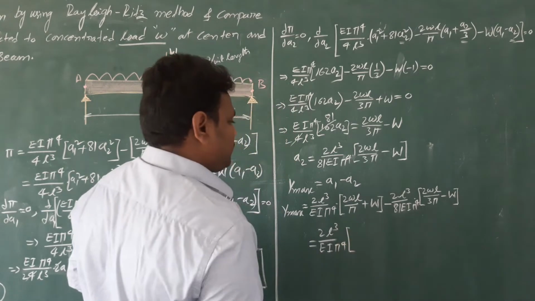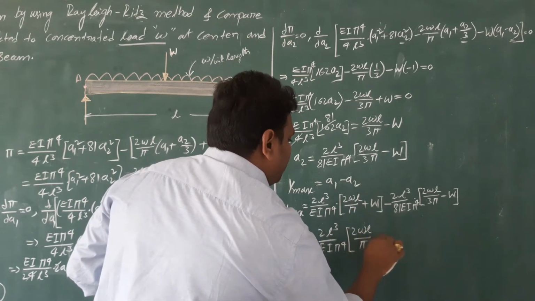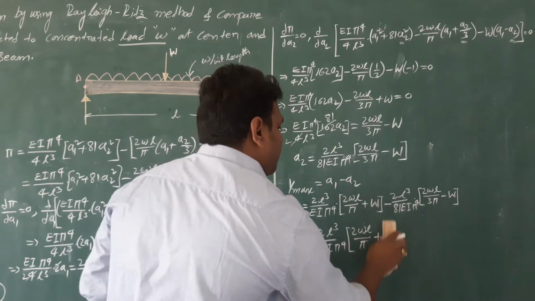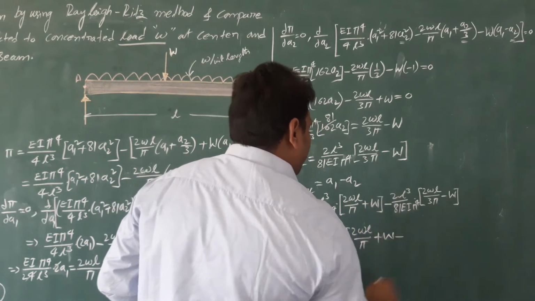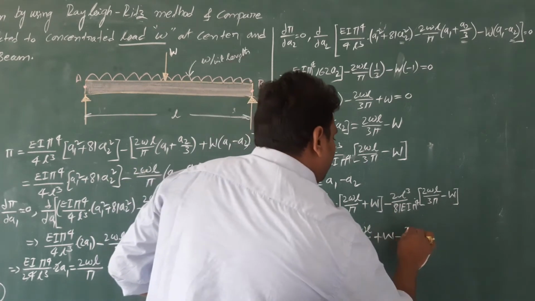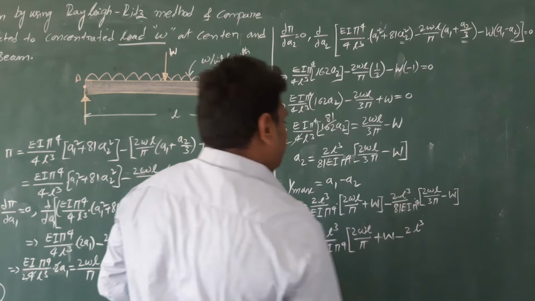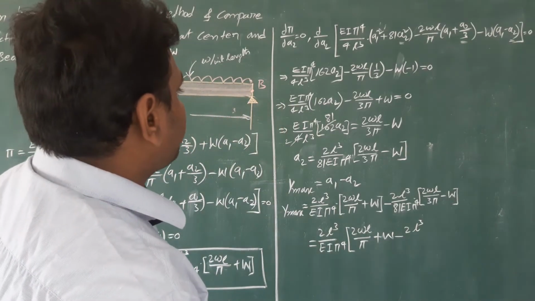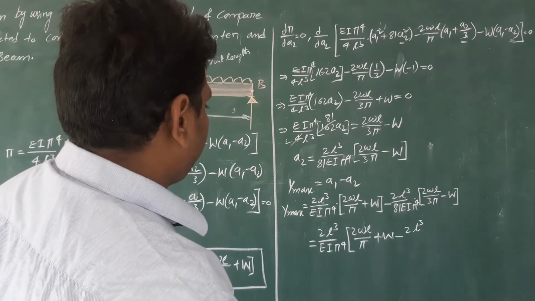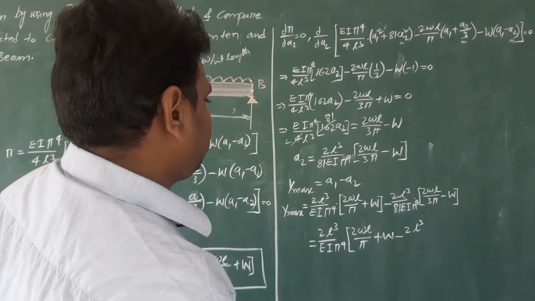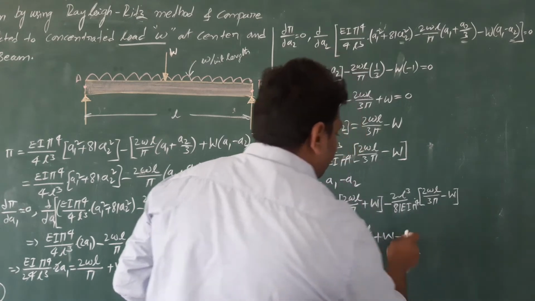And remaining is here 2WL by pi, and here only plus capital W. Here minus 2L cube by EI, L cube is common, only 1 by 81 is there.